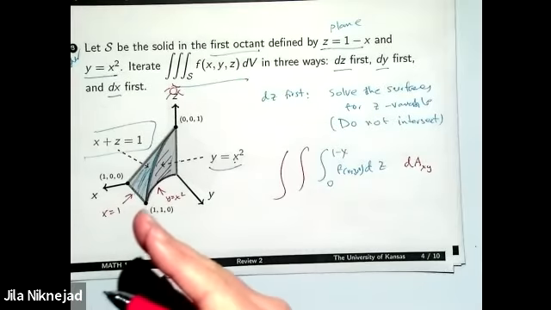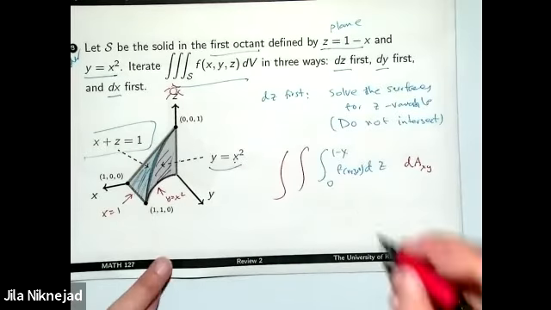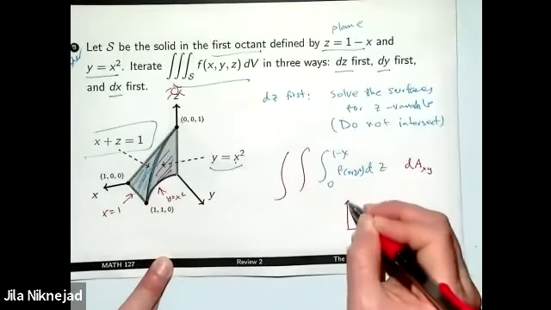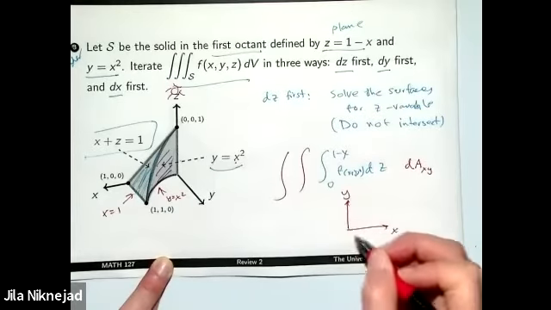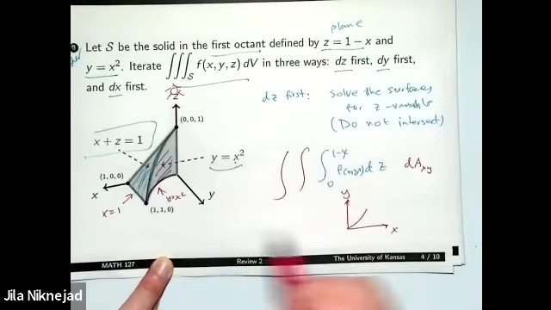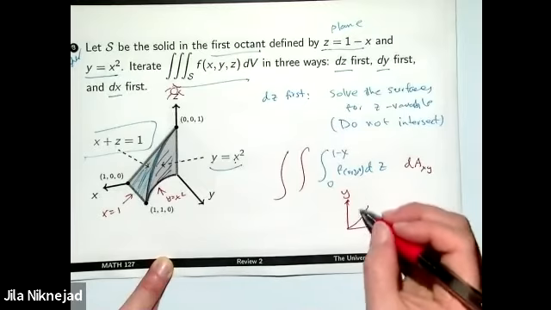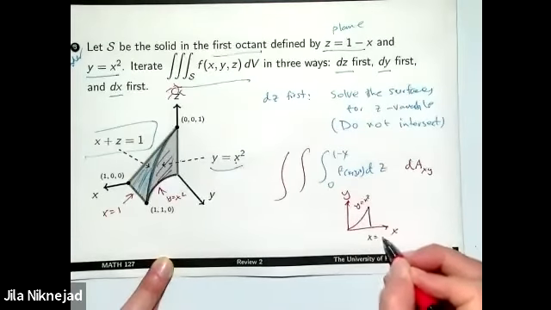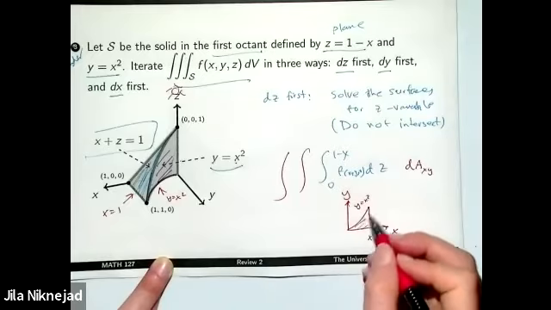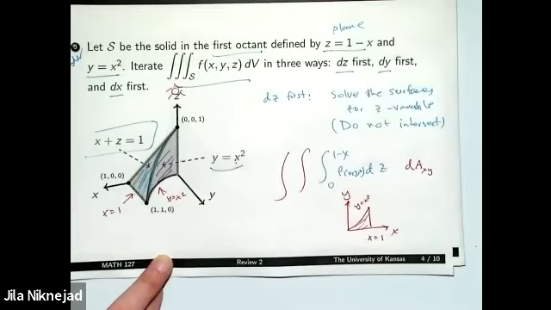And then I know the backwards are y equal to x squared, and I have x equal to 1, and this is the region.